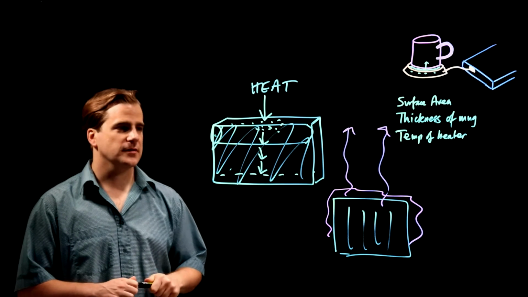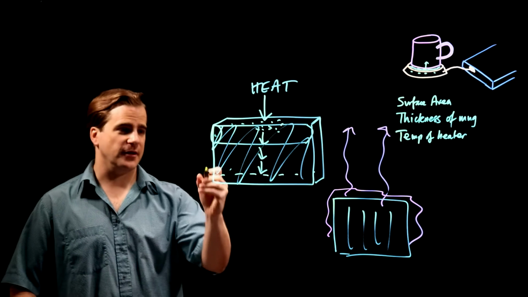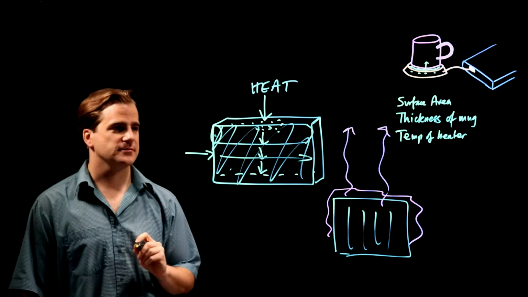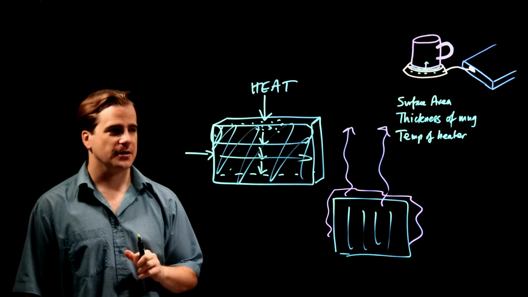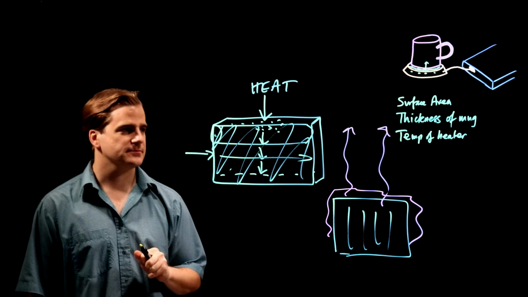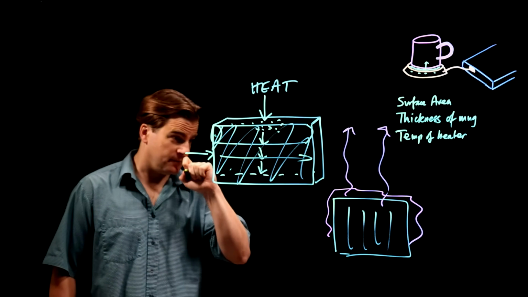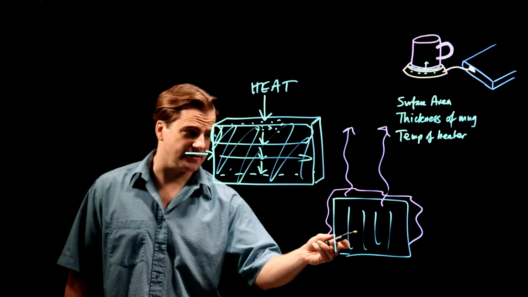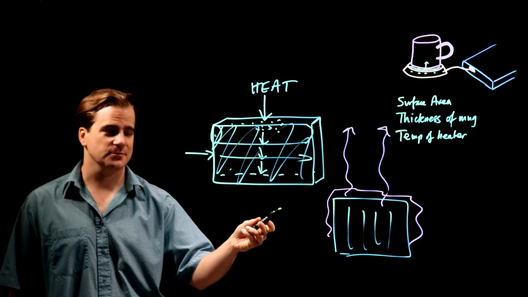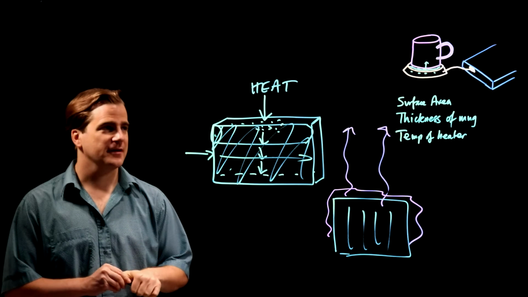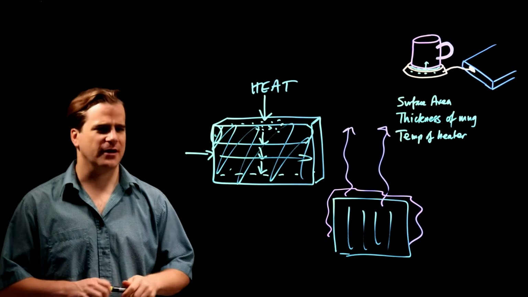Heat can go sideways as well. If you heated up this side, it would go like that. I don't know if they've got radiators in the International Space Station, but they probably do, they've got to have some form of heat.